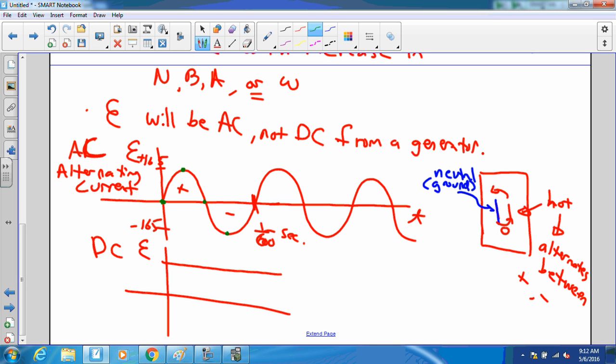But the average that you need is not the average of the voltage itself, which is 0, because you have just as much minus as you have plus. Instead, what you're interested in is the average amount of power, or V squared over R, that's being delivered.